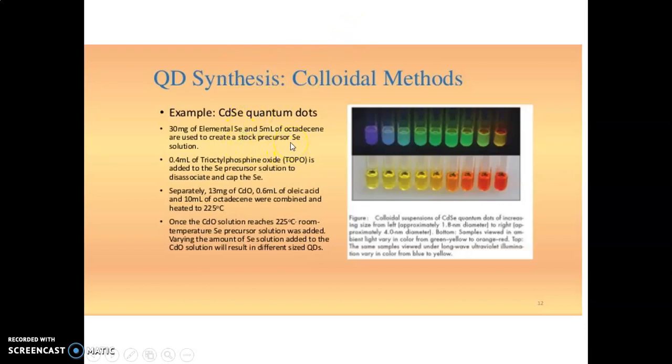Then separately 30 milligram of cadmium oxide, 0.6 ml of oleic acid and 10 ml of octadecane are combined and heated up to 225 degrees Celsius. Due to that they get different sizes of cadmium selenium quantum dots, as shown in the picture.